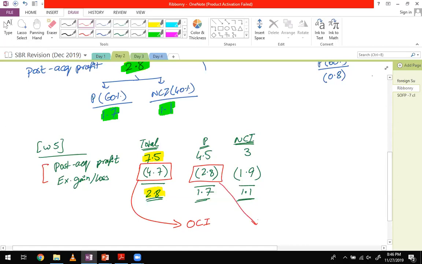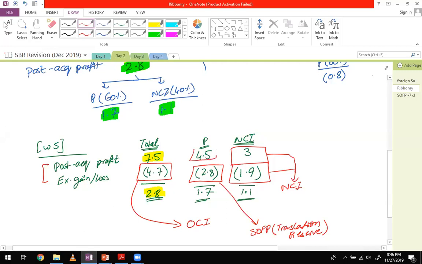But when we talk about the balance sheet, this is what will go to the retranslation reserve. The parent's share will go to the translation reserve and the NCI's share will go to the working of the NCI. But from NCI's perspective, both the values, either it's because of the profit or the exchange gain or loss, both go to OCI.